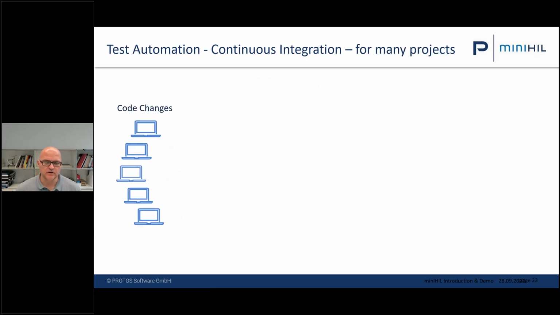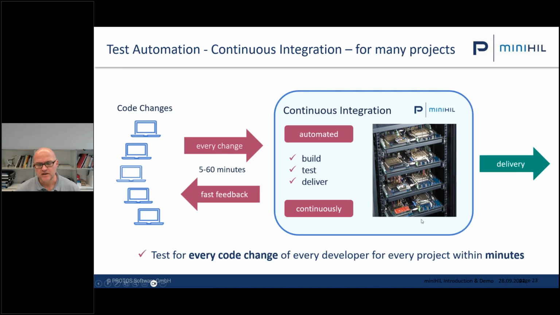And on a continuous integration server, you hook up several boards, up to, I don't know, 20, 30, 50, 100 boards if you want, to your continuous integration server. That's a typical setup in a test rack. Here, every mini-hill board runs a different project.